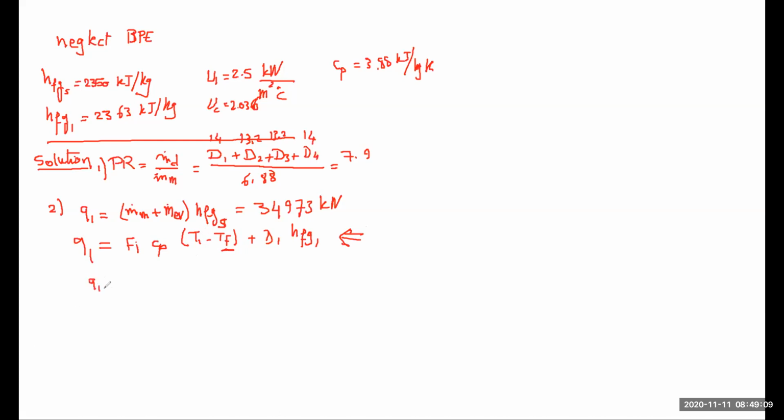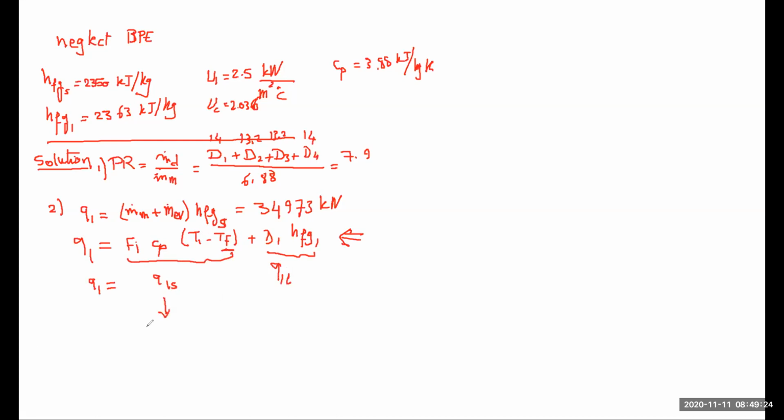Now, Q1 is two parts. This part here is Q1 sensible, and this part here is Q1 latent.